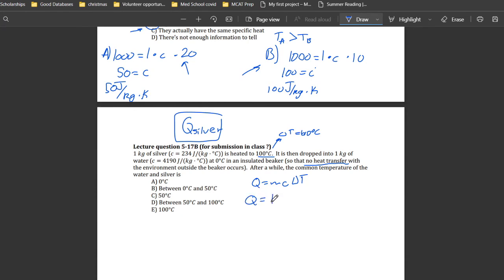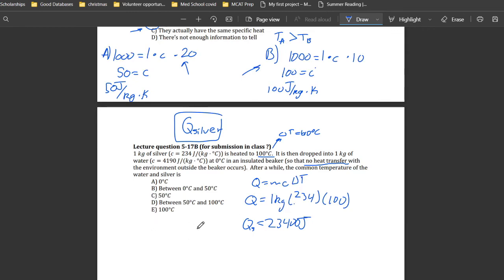So Q is equal to 1 kilogram times 234 joules divided by kilograms times degrees Celsius times a delta T of 100. And we see that Q is equal to 23,400 joules. And that's the energy of the silver. That's the heat energy added to the silver to get it to 100 degrees Celsius. Now, when it's placed in that water, it is transferring that heat energy to the water, and only to the water, because we see that we have an insulated closed system here.